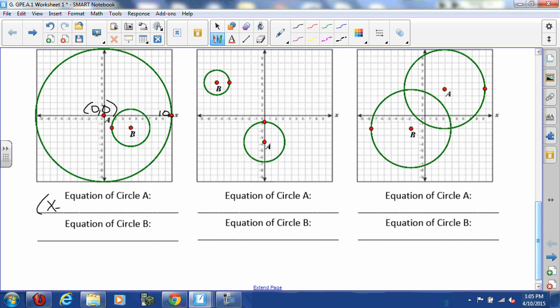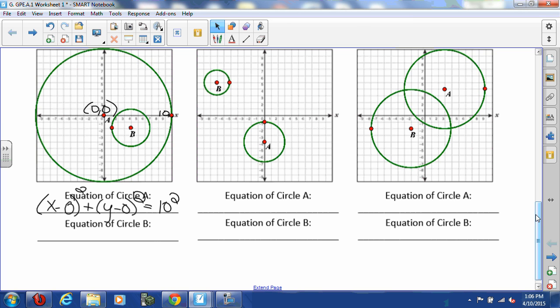Okay, so that's what I start with. I take my basic formula, x minus h, that quantity squared, plus y minus k, that quantity squared, equals r squared.